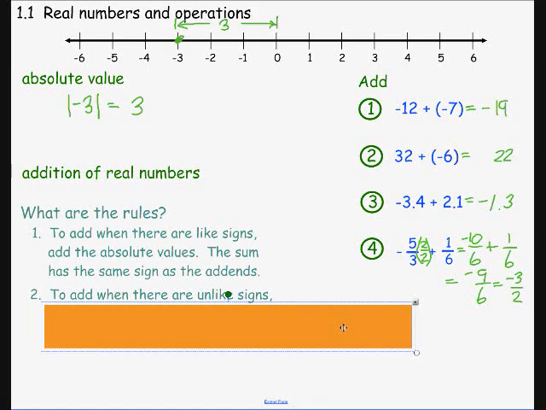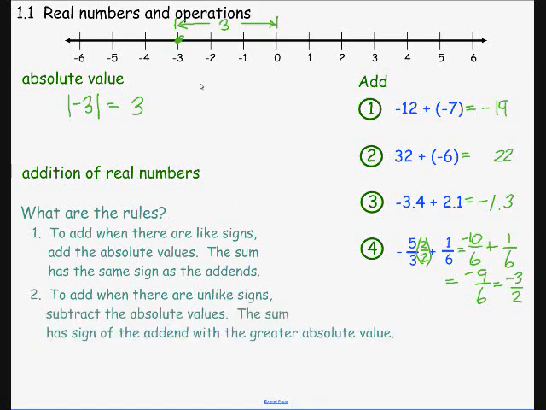Okay. To add when there are unlike signs, we take the difference between those absolute values, and the sum has the sign of the addend with the greater absolute value. So in this case, 32 is one of the addends, and -6 is one of the others.